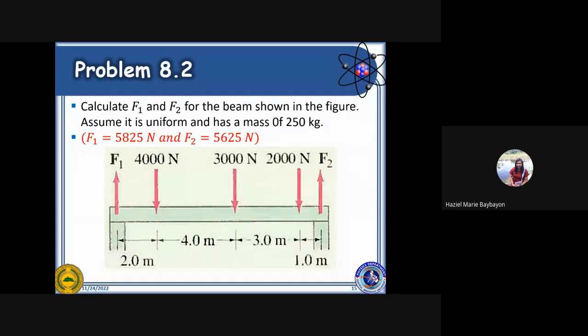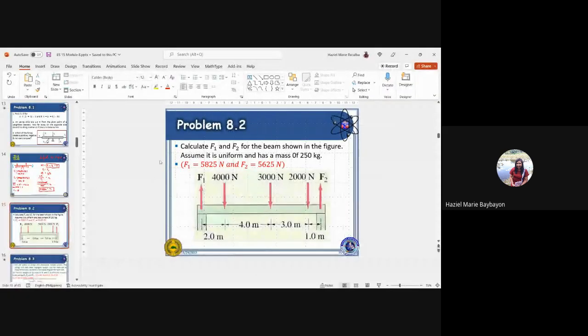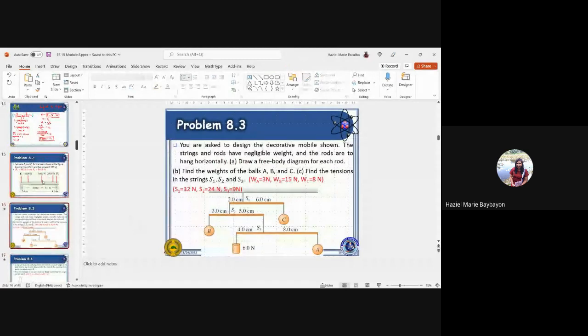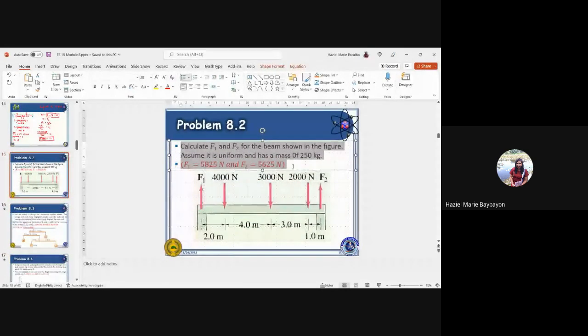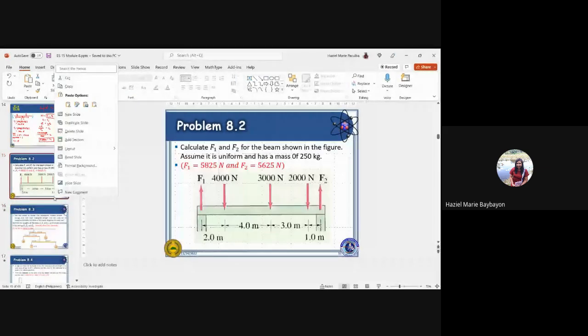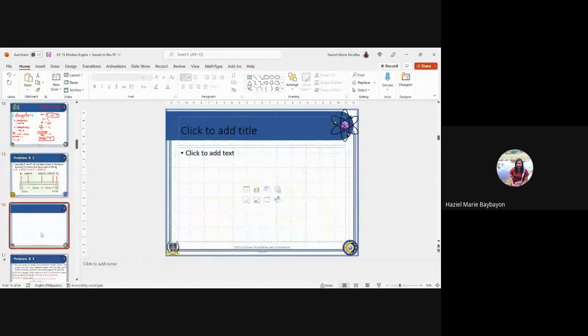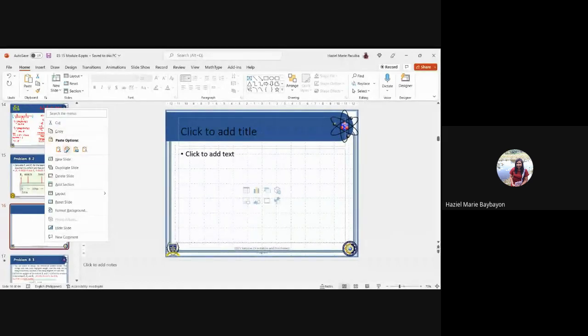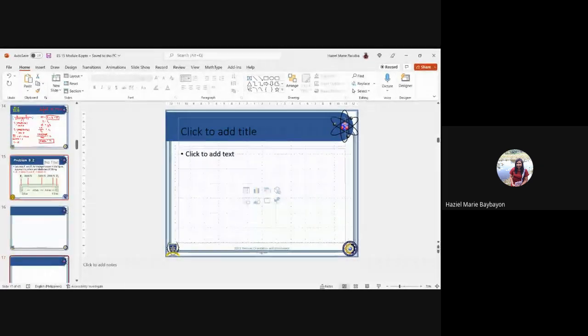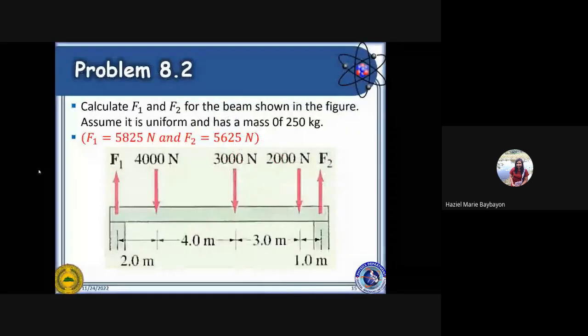So na siya support class. Okay, so it is supported at both ends.